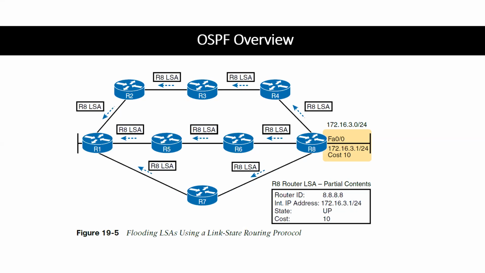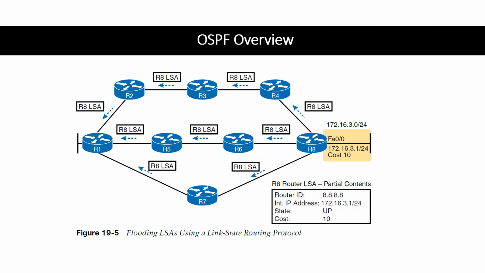Okay, so I talked to you guys about flooding. You can look at this topology, and this is an example of how that flooding looks. So R8, we're looking at R8. It's part of this whole OSPF topology. It's flooding its entire area with LSAs, letting everyone know, hey, this is my network information.